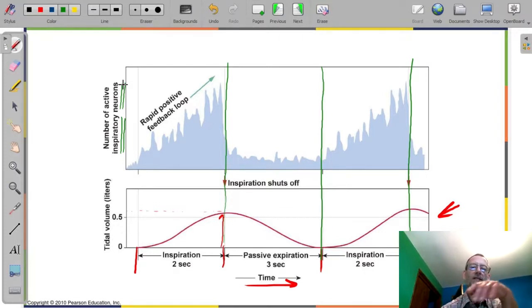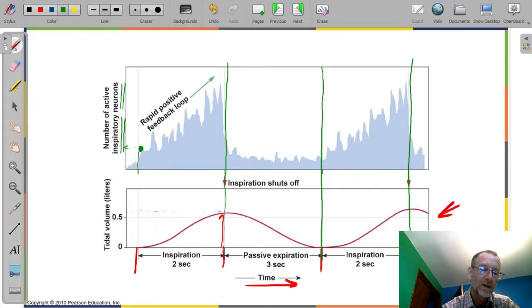Well, you should be able to rattle those off. The diaphragm, the sternocleidomastoids, the scalenes, and the intercostal muscles, the external, if we're inspiring. So these are the number of neurons that are active to those muscles. Well, what does it show? That when you start inspiration, when the diaphragm starts to contract, there are few neurons.